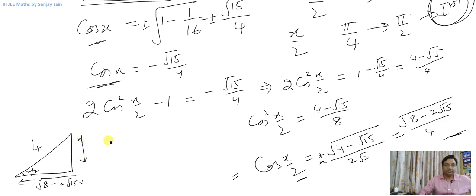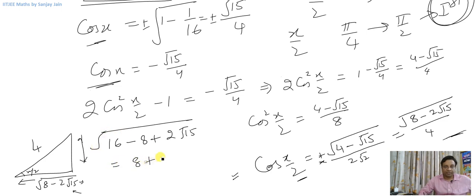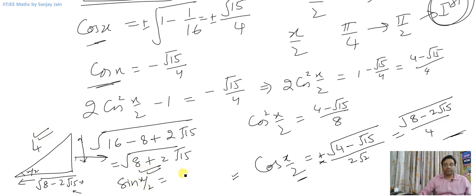This side will be the square root of 16 minus the square of this, which is 8 plus 2 root 15. So this will be the opposite side. So what will be sine x by 2? It will be this value divided by 4, and of course it will be positive. So this is the value of sine x by 2.